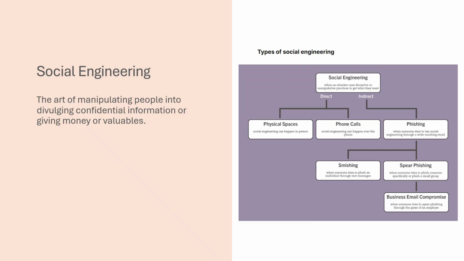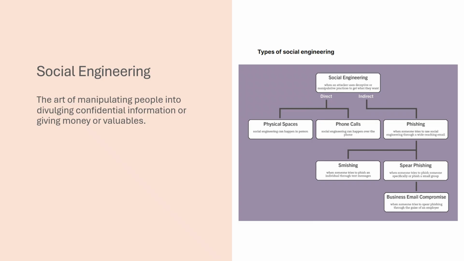There are several common types of social engineering attacks, and I want you to notice they all rely on deception rather than technical hacking. Direct attacks are where the attacker interacts with the victim personally. In physical spaces, it happens face to face.